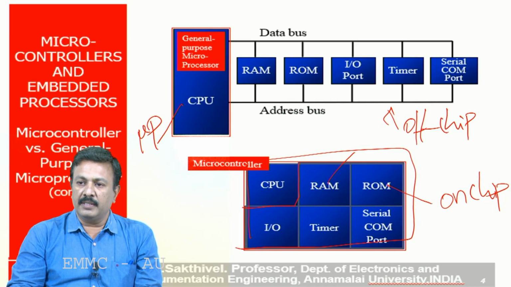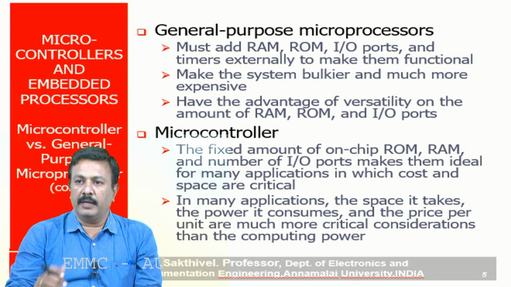So this is the main difference between the block diagram of a microprocessor based system and a microcontroller based system. Next, you can see the microcontroller and microprocessor difference. In general purpose microprocessors, we must add RAM, ROM, I/O ports and timers externally to make them functional.